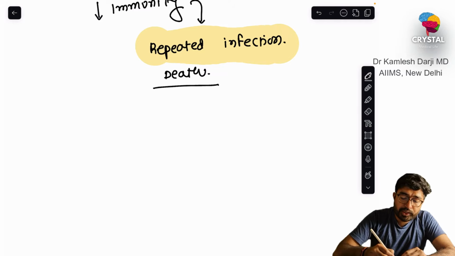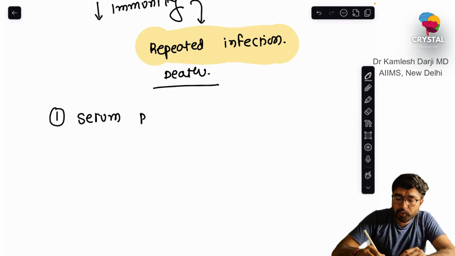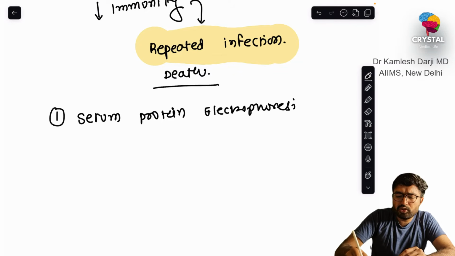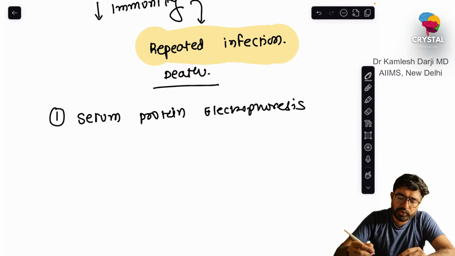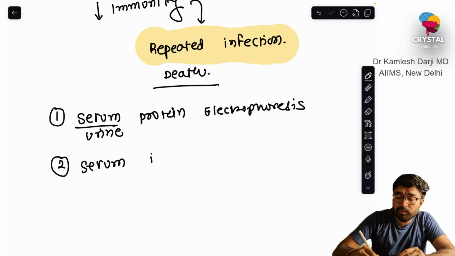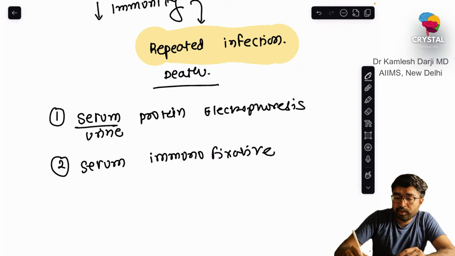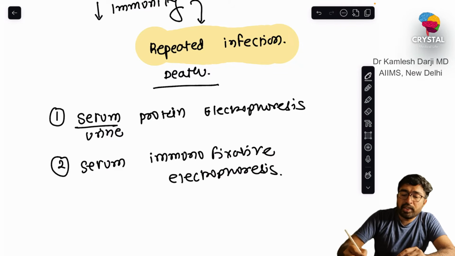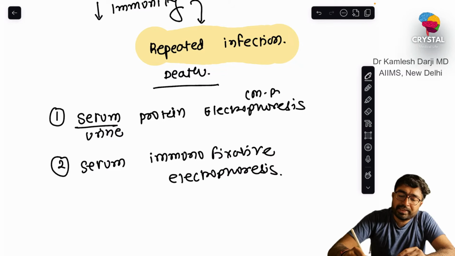So how will you assess that? First one is the serum protein electrophoresis. Also, you can do urine protein electrophoresis, serum or urine protein electrophoresis. Second, you can do serum immunofixation electrophoresis. Here you just see that M protein is there.